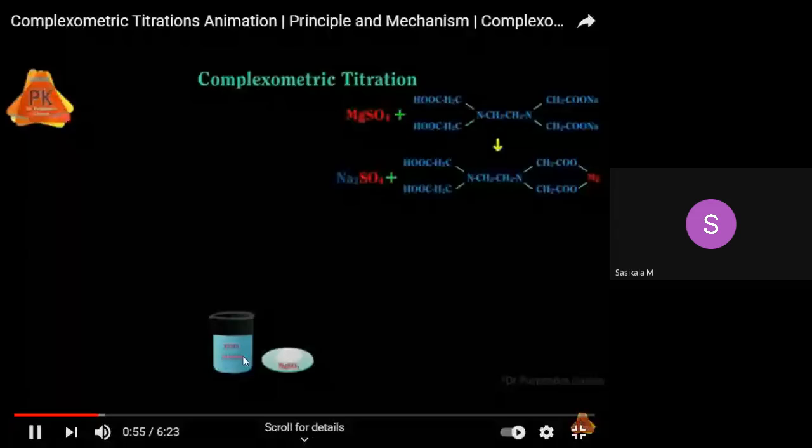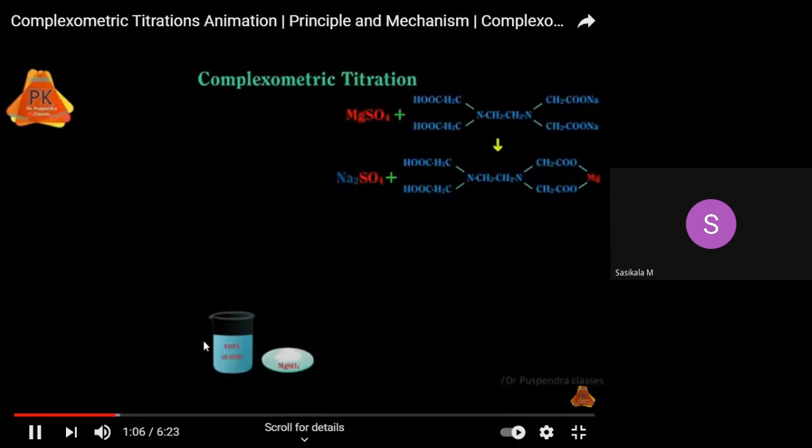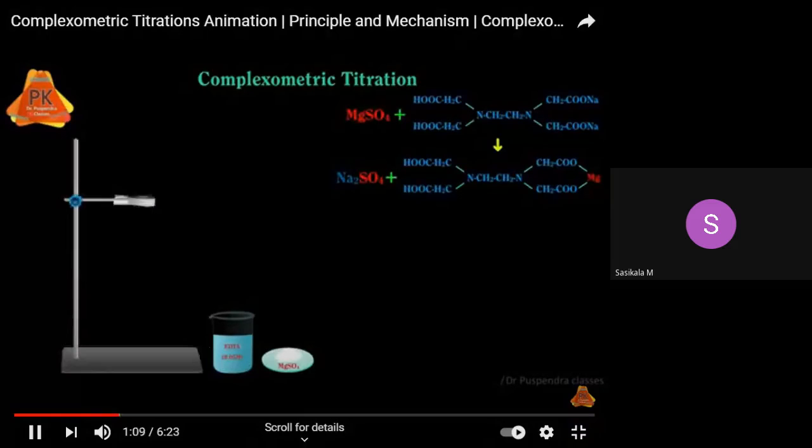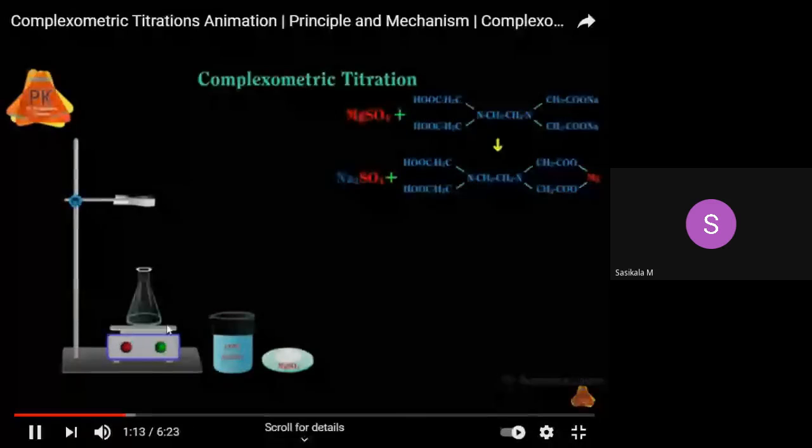Here is the magnesium sulfate, and EDTA is chosen. Magnesium sulfate is weighed, and EDTA of 0.05 molar is taken in the beaker. Next, you are taking the burette. This is a magnetic stirrer. We will always be shaking by hand only.